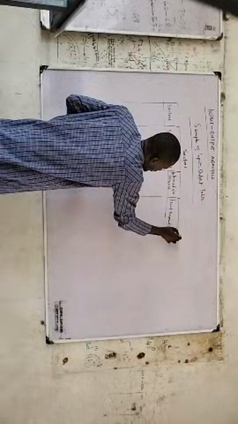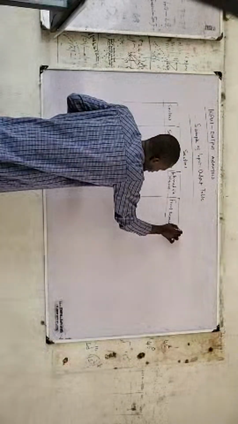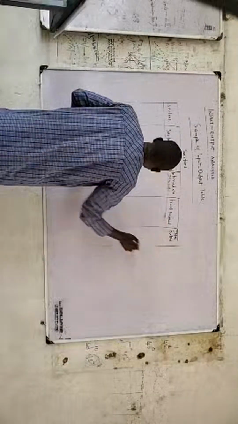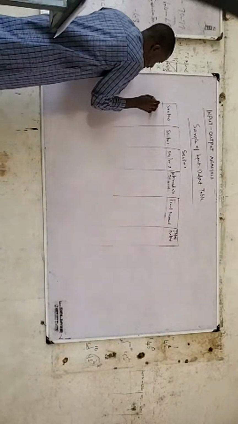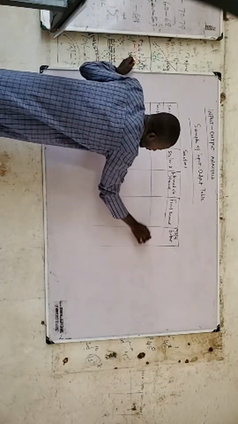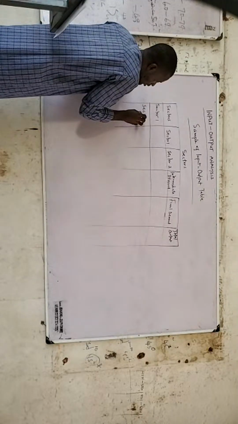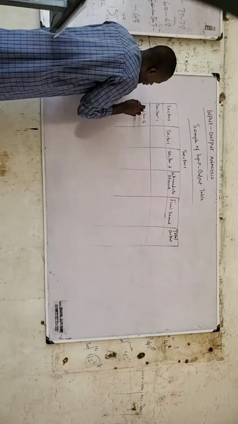This one should be total output. Total output can be written as gross output. This one is sector 1. Sector 2.